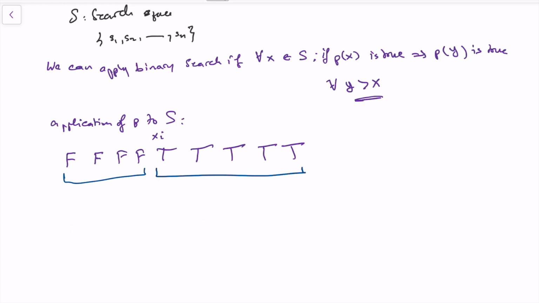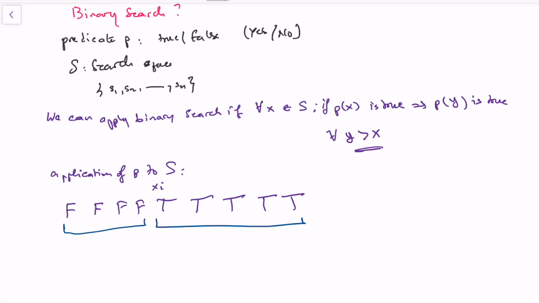Okay, so basically that means that if you have this function that you design that can tell you if something is yes or no, or true or false, once you start getting yeses, you have yeses after that, and before the first yes that you got, those before it are all no. We will see this on examples.